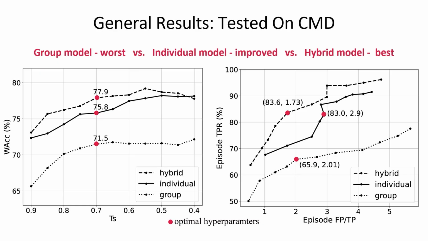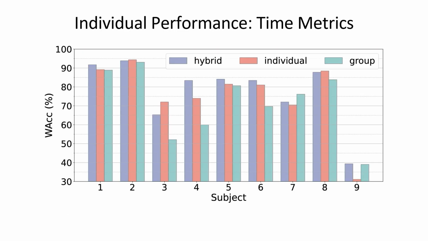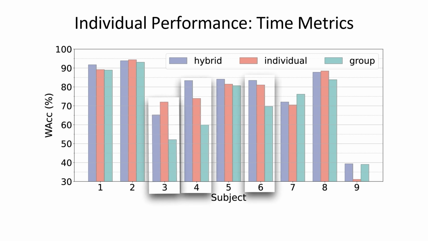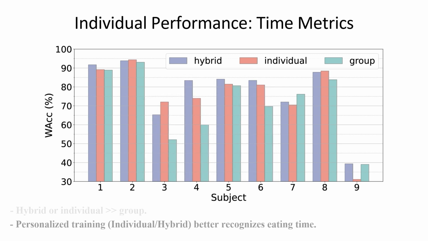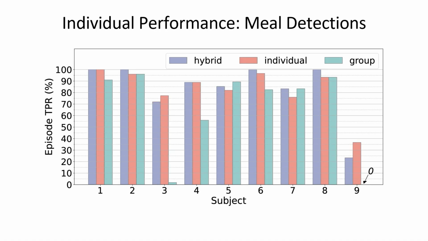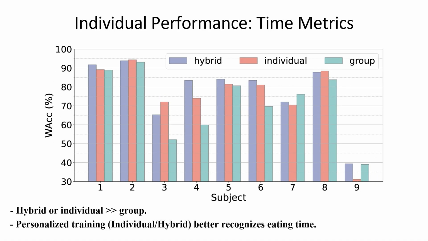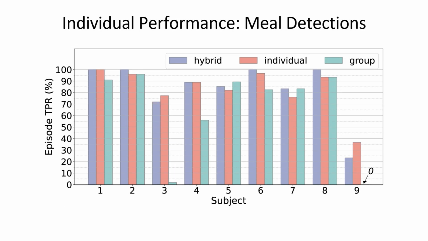So here is the general result. It's the average result, and it shows that the hybrid model performs better than the individual model and the group model in general. We can zoom into the individual performance, and you can see that for 3 of them, the hybrid or individual model performs with great improvement.